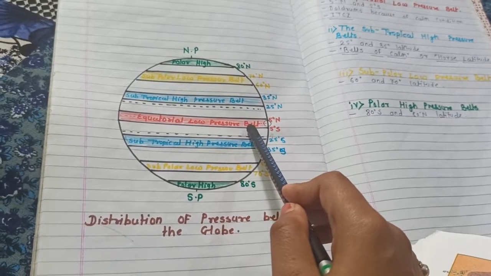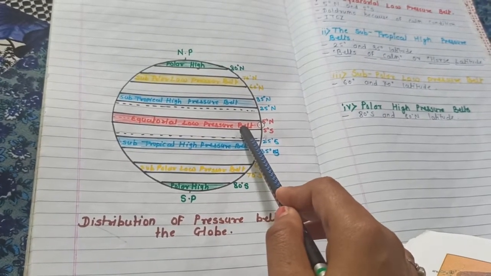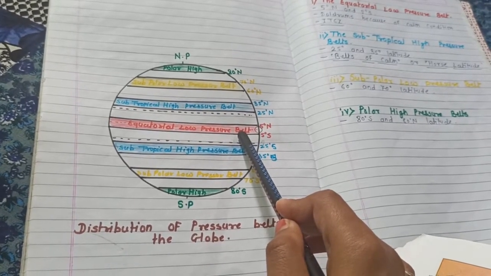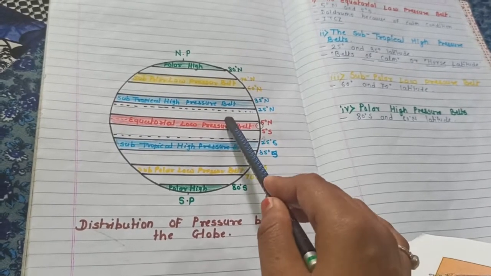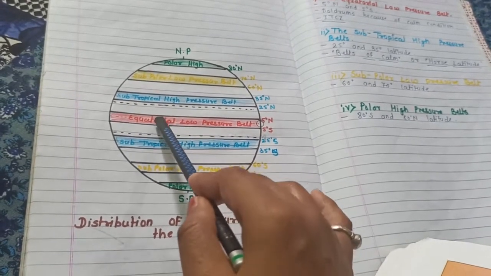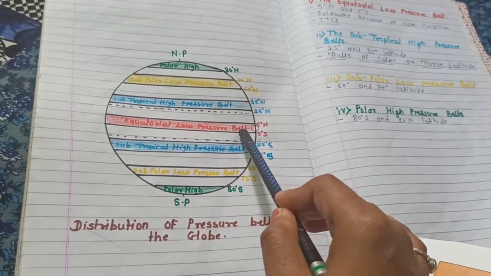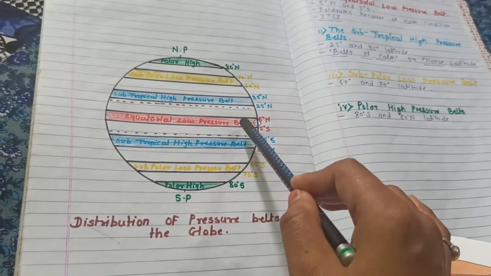In this belt there is extremely low pressure with calm conditions. Surface winds are generally absent, since winds approaching this belt begin to rise in the form of vertical currents. This belt is also called the doldrums because of the extremely calm conditions.